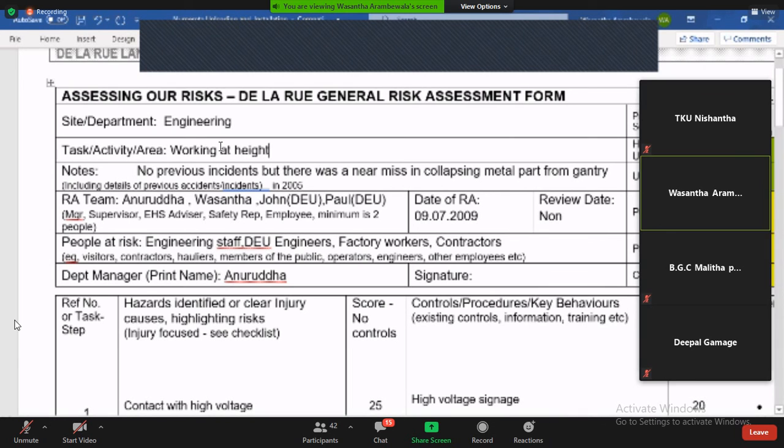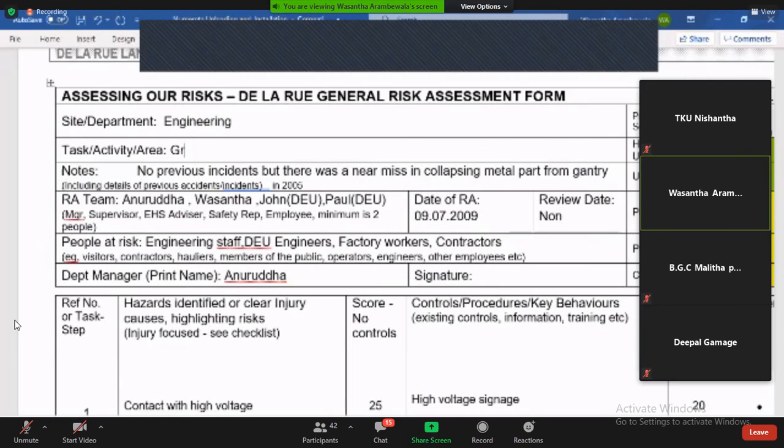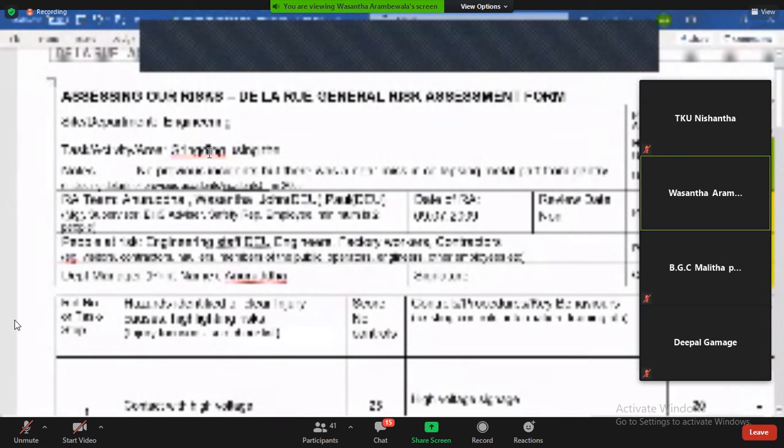Working at engineering department, working at height activities, so that they are doing the assessment, roof level, whatever, or welding or grinding, using the bench grinder, and the bench grinder activity.